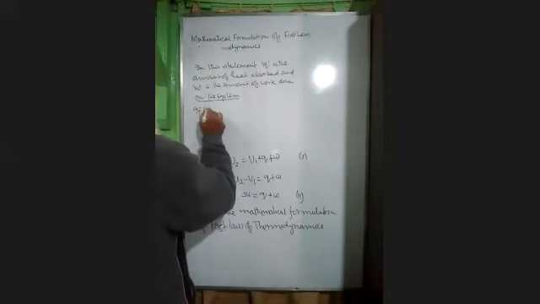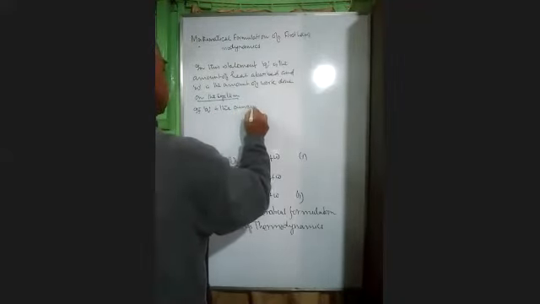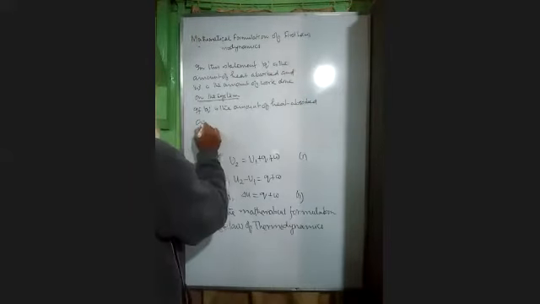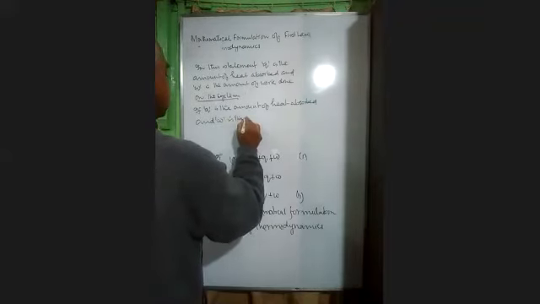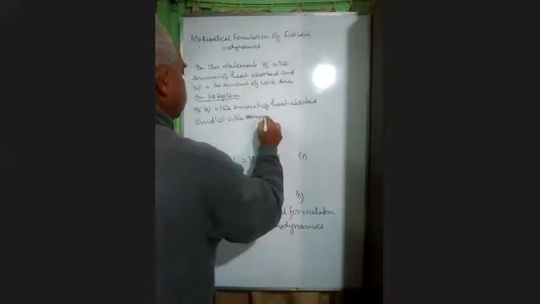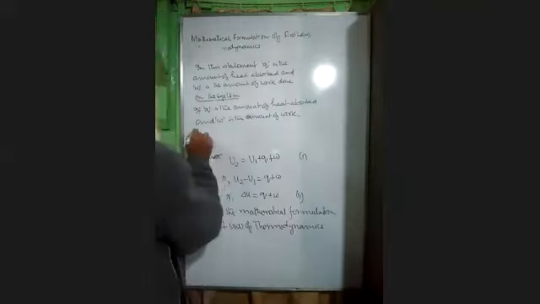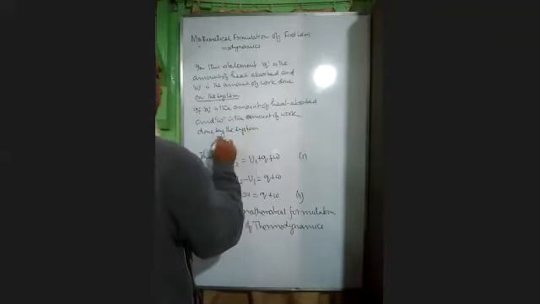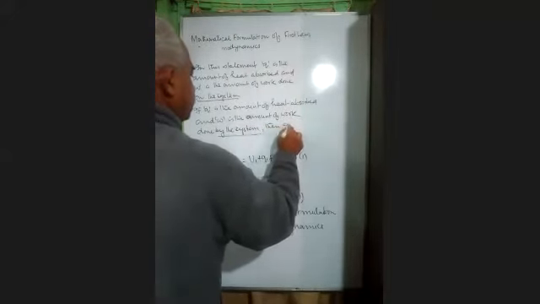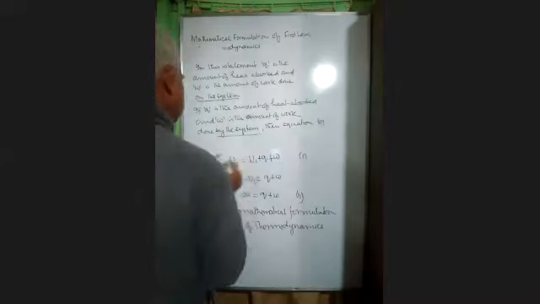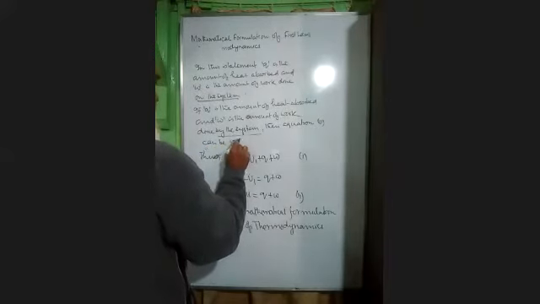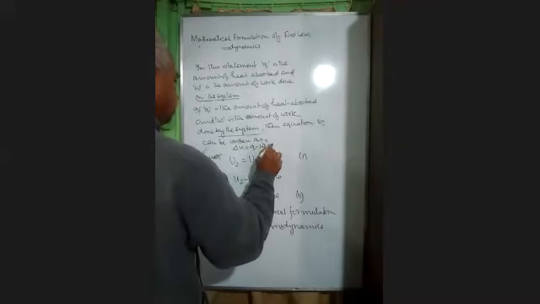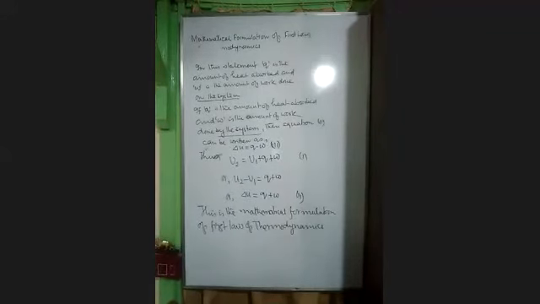If Q is the amount of heat absorbed and W is the amount of work done by the system, then equation 2 can be written as delta U is equal to Q minus W, because we know work done on the system is plus and done by the system is minus.